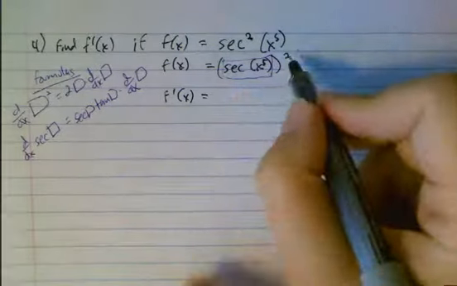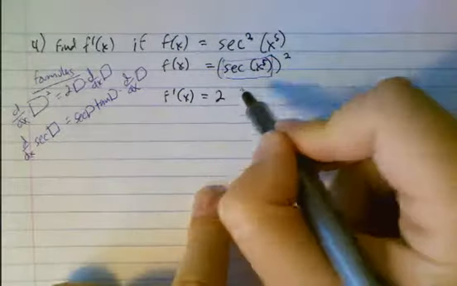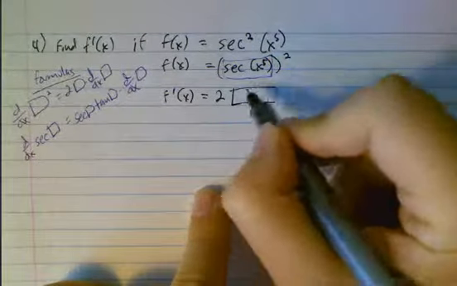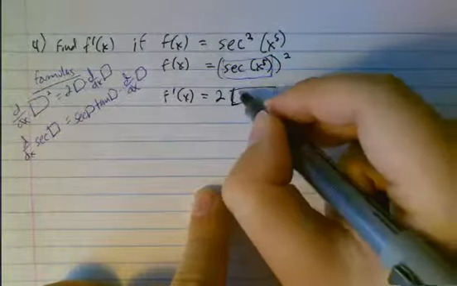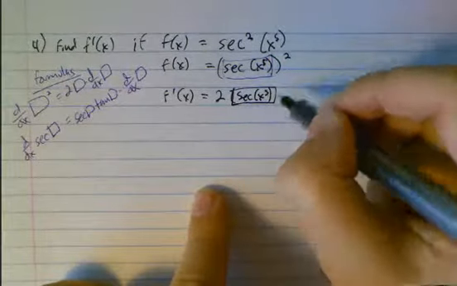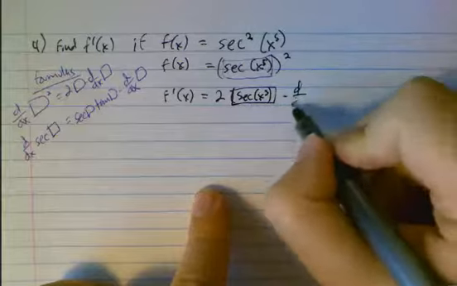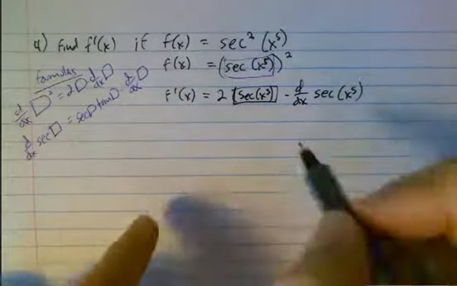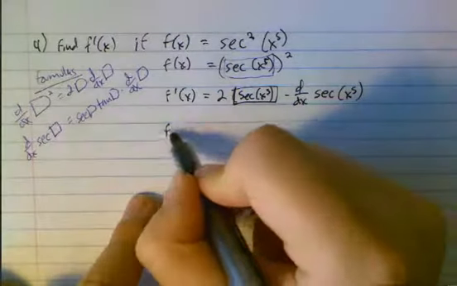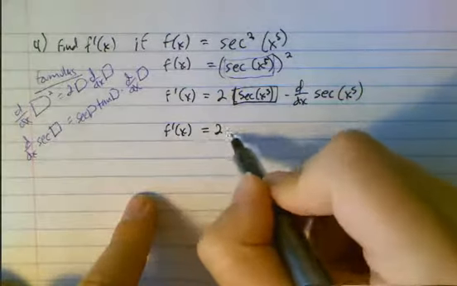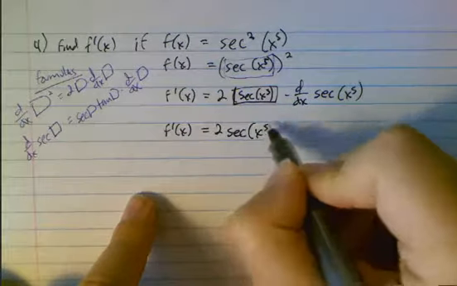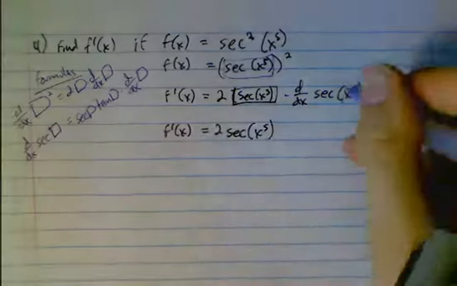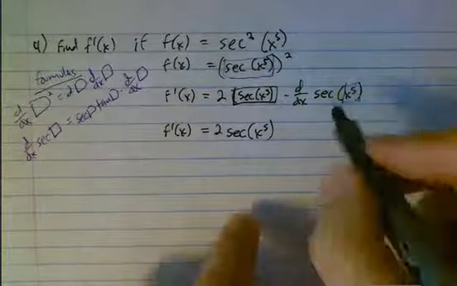So for f prime of x, we'll do the derivative of the outside, so that's 2 box times the derivative. Notice that here we've got that box function again.